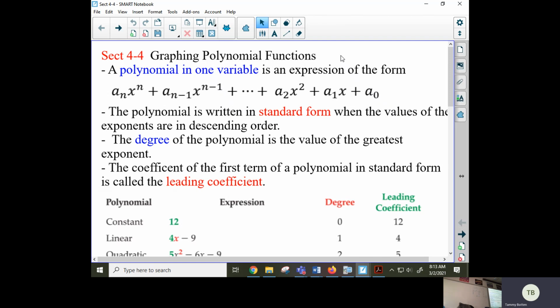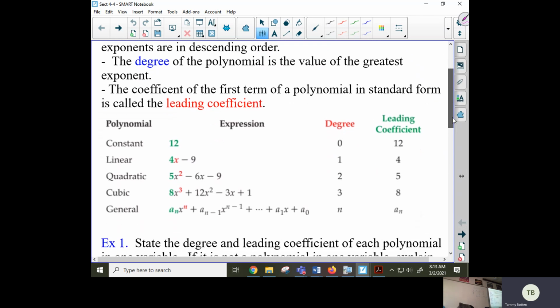Okay, so we are going to start out today. We're not going to actually graph any polynomials till tomorrow, but we're going to look at polynomials today. And we are going to decide kind of what they do on each side of the graph. That's one of the things that we're going to learn.